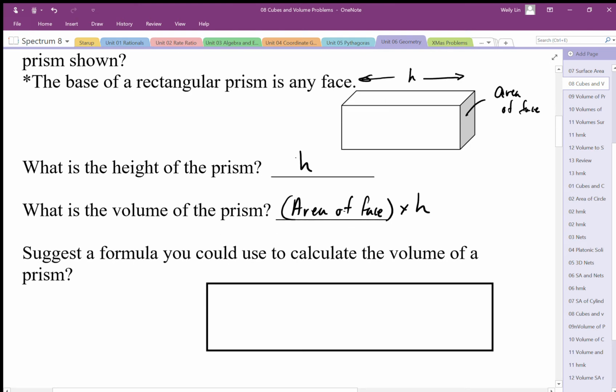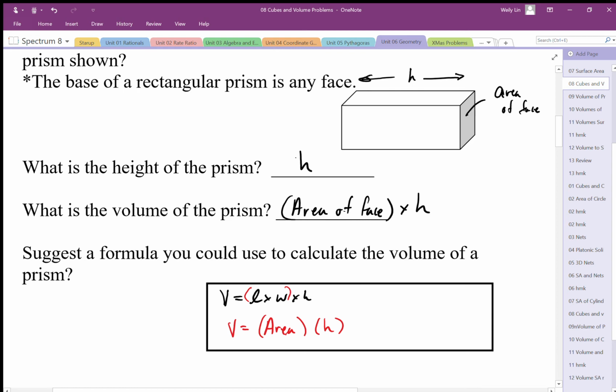So this is a formula then. I know that a lot of you like to use length times width times height, which is okay, but a better formula is to think of the volume of any shape as area times thickness, which we'll call h. Area times h. Then length times width gives us a cross-sectional area, and then we multiply it by the depth of the thickness.